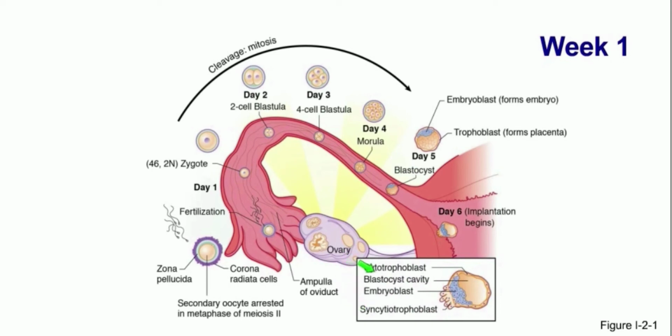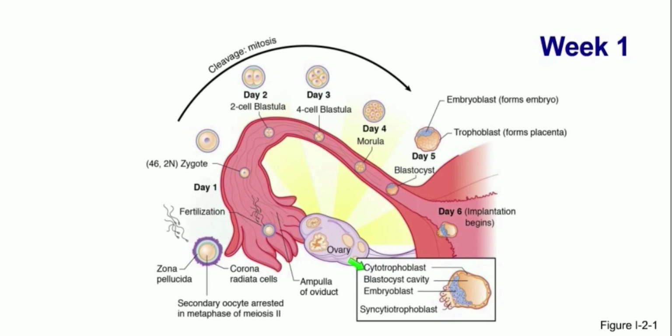Cytotrophoblast, cyto means cells, so cytotrophoblast is the trophoblast that's made up of individual cells. And what cytotrophoblast cells do is really just one thing. They divide by mitosis. They divide and divide and divide. They are very mitotically active cells, doing a lot of cell division.